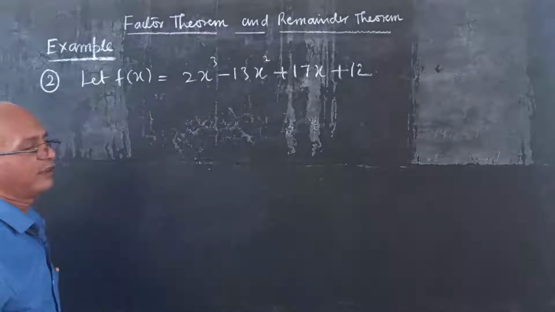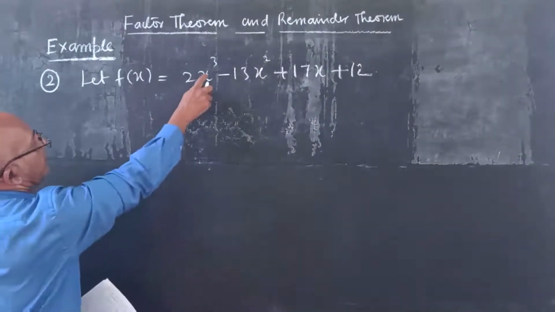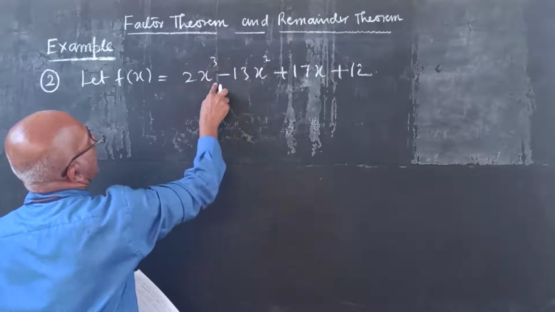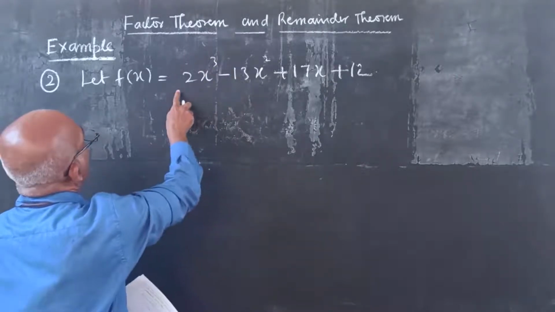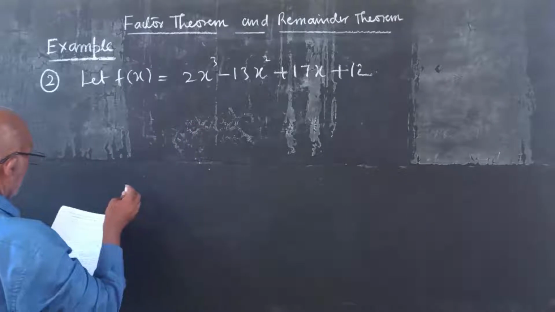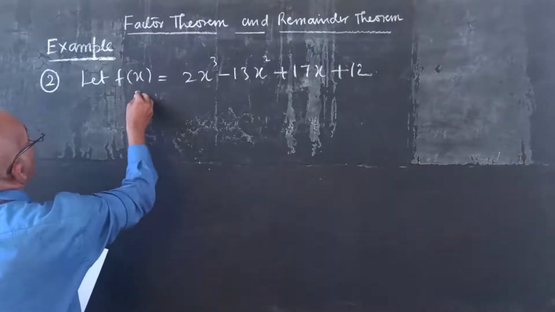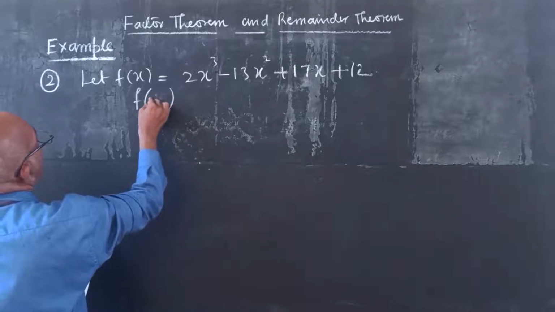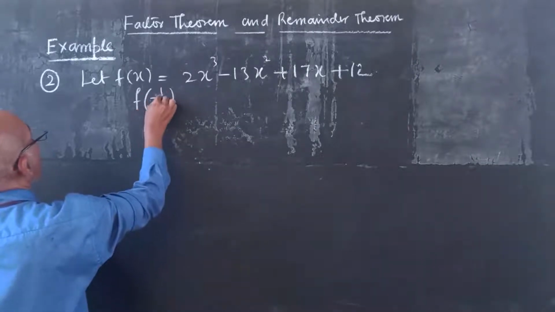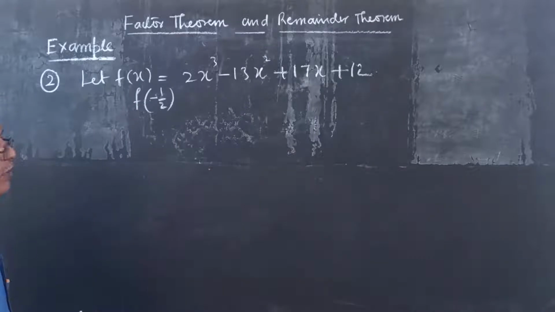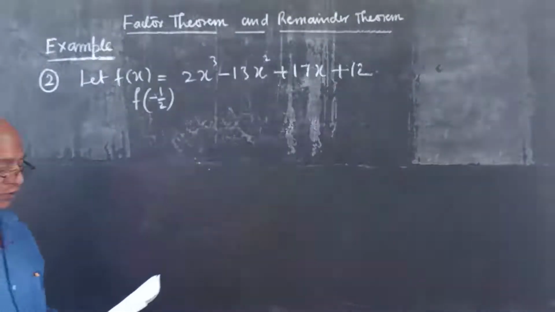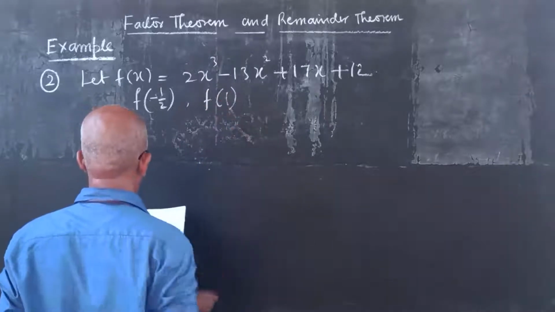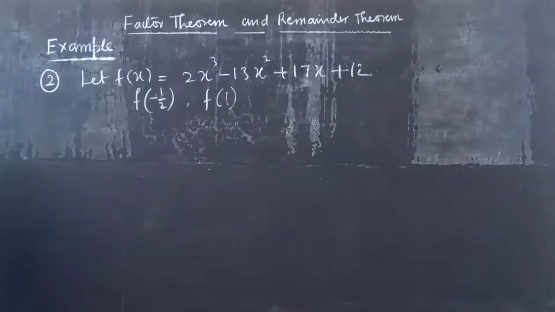This is a cubic polynomial because the highest power is 3, and this itself is the leading term. Now we are to find the value of f of x at x is equal to minus 1 by 2. This is my objective. Also we shall find f of 1. Both we shall find.